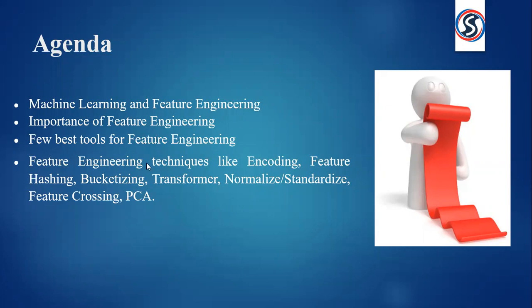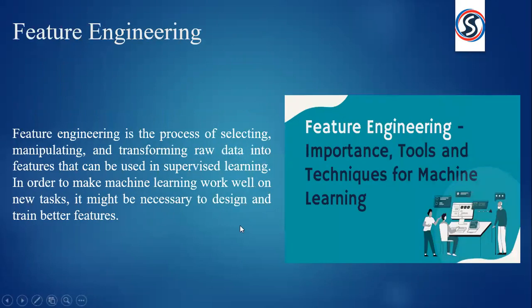So today we are going to learn the feature engineering techniques like encoding, feature hashing, bucketizing, binning, transformer, normalized, standardized methods, feature scaling, and what is principal component analysis. All these feature engineering techniques we are going to see in today's session.